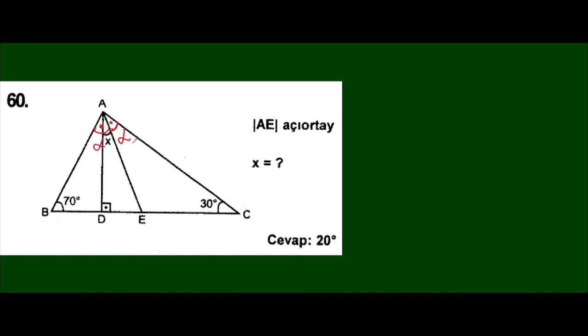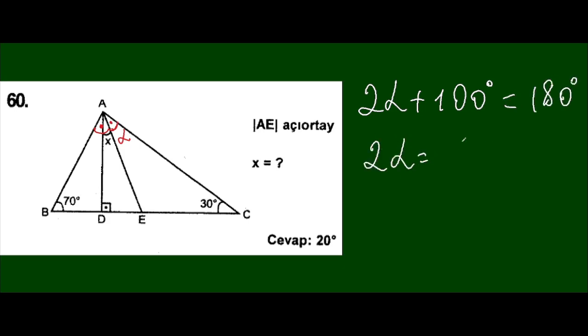If this is alpha, we can write down that 2 alpha plus 100 degrees, 70 plus 30 is 100, will give us 180 degrees. 2 alpha will be equal to 80 degrees. Here alpha will be equal to 40 degrees. We found alpha, but our x is not found. So how to find x?